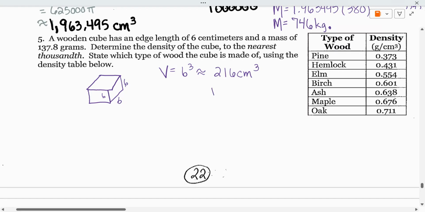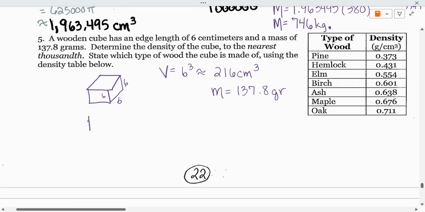And it has a mass of 137.8 grams. We need to determine the density to the nearest 1,000, depending on the type of wood, right? So we're going to have to figure out what type of wood we made based off of. The question is, what type of wood was used to form this cube? That's what we're trying to figure out.